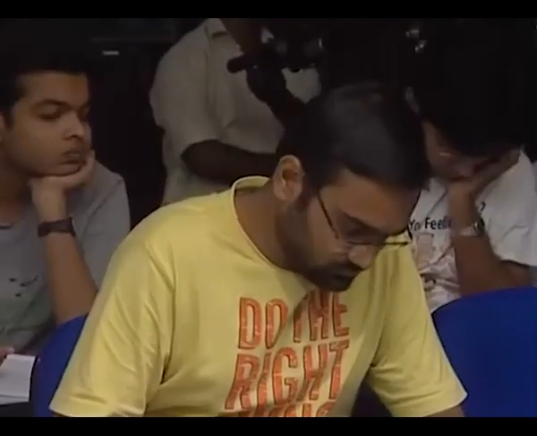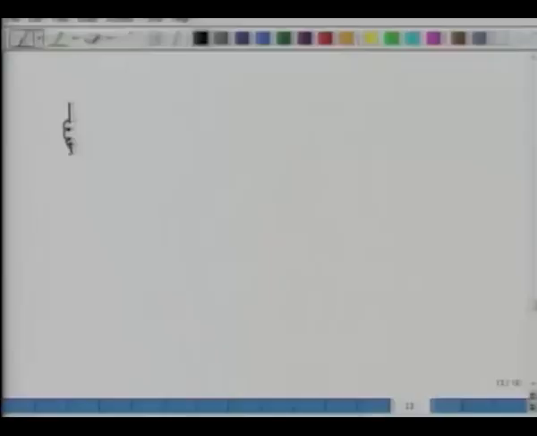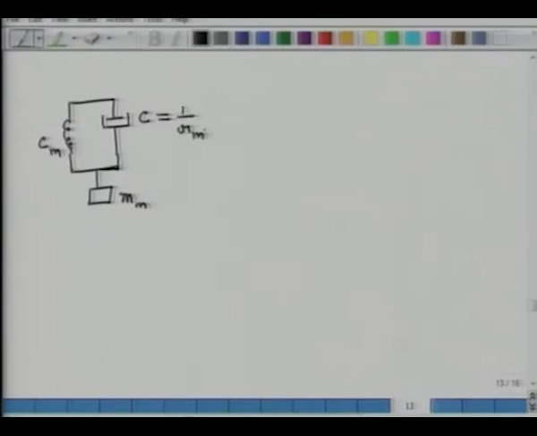Let's do one more example. So now you have a spring of compliance Cm, a dashpot, and both the spring and the dashpot are connected to a mass, a moving mass mm. The damping coefficient is C, which is the inverse of mechanical resistance.